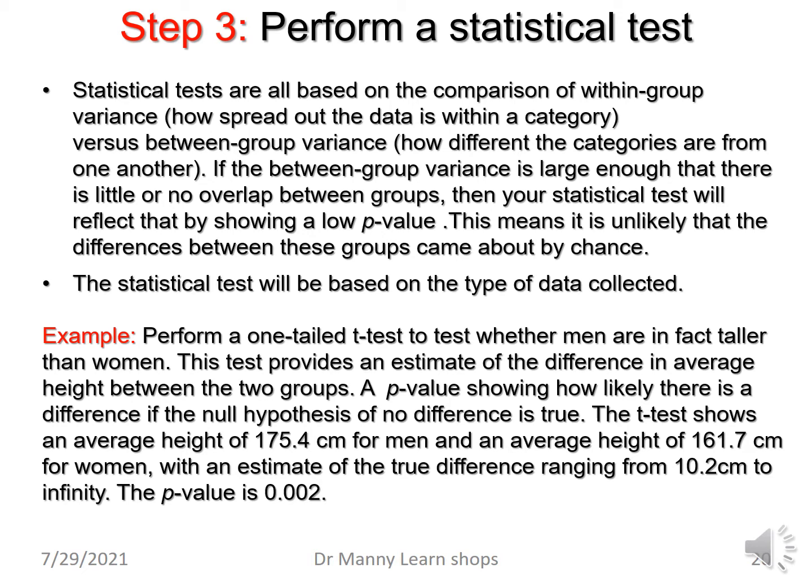The t-test shows an average height of 175 centimeters for men and an average height of 161 centimeters for women, with an estimate of true difference ranging from 10.2 centimeters to infinity. The p-value is 0.002.